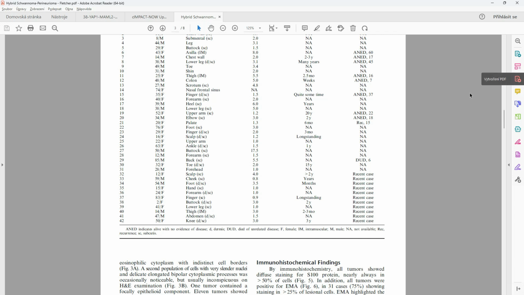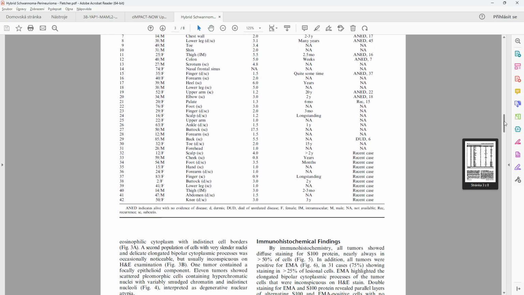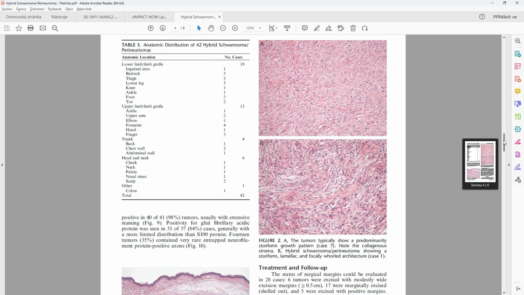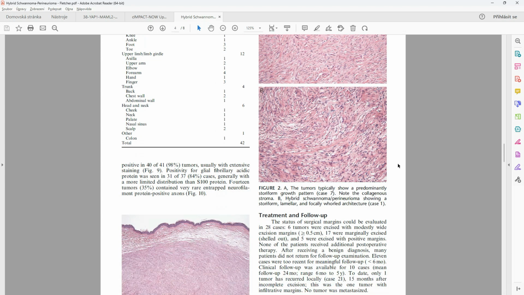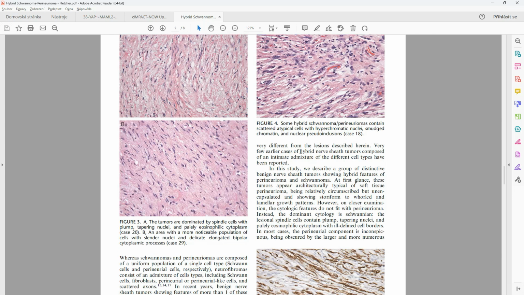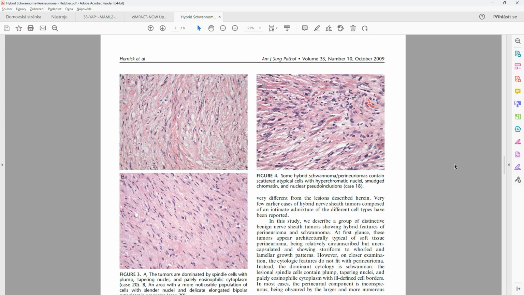There's a subset of schwannomas, perineuriomas, so-called, that occur on the fingers typically, and those seem to be something a little bit different. But most of these hybrid schwannoma perineuriomas are in soft tissue proper, and if you look at some of these pictures, you see virtually the same.